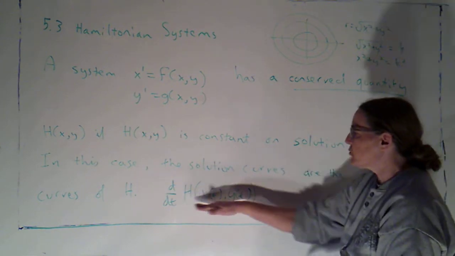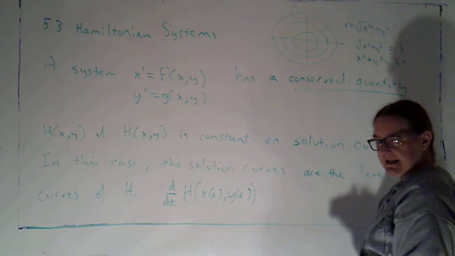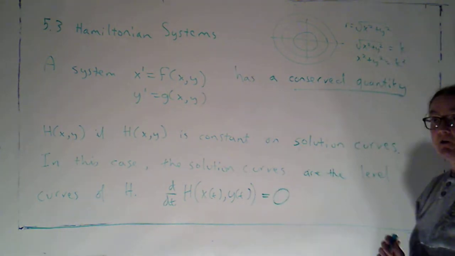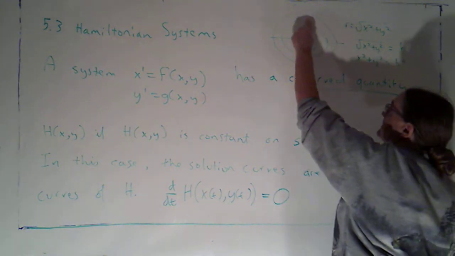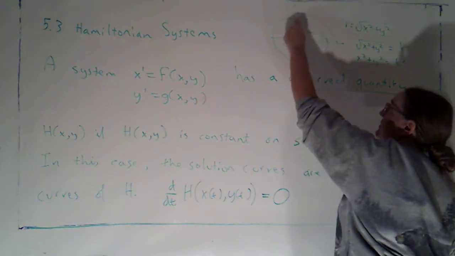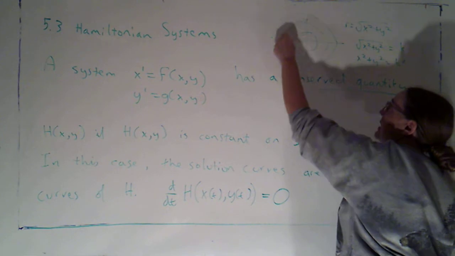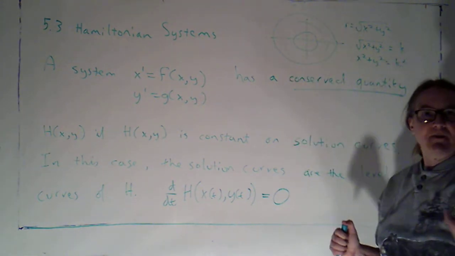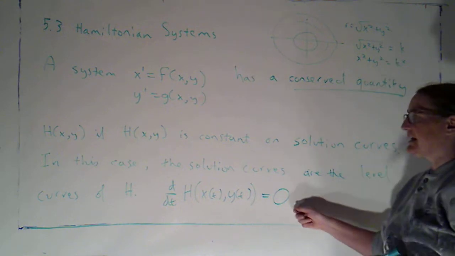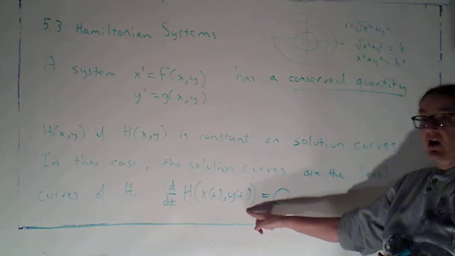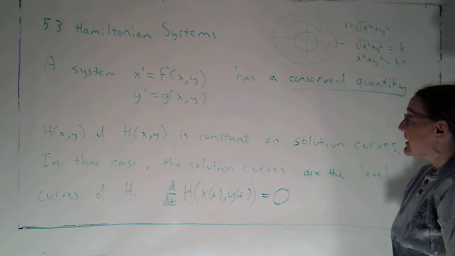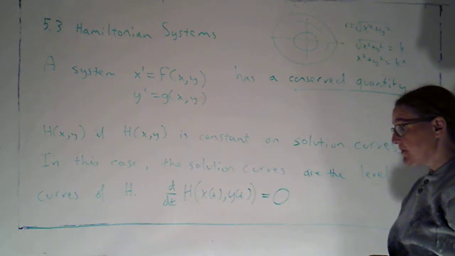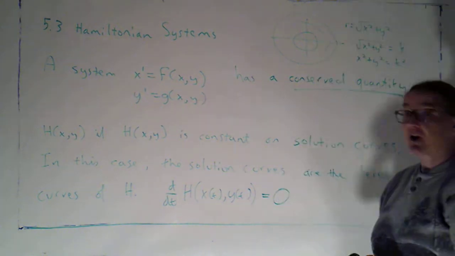If I take the derivative with respect to t of this function composition, that's going to have to equal 0. Again, as time passes, I'm going around these circles, but my radius is not changing. So if I took the derivative of the radius, I would get 0 because I'm taking the derivative of a constant. Now, this is going to require a little bit of multivariable calculus. That'll be review for some of you and new for others of you.